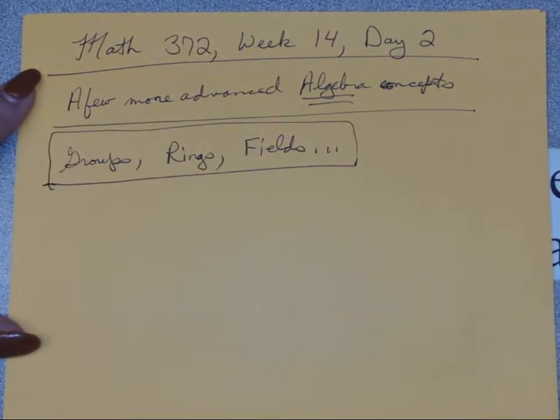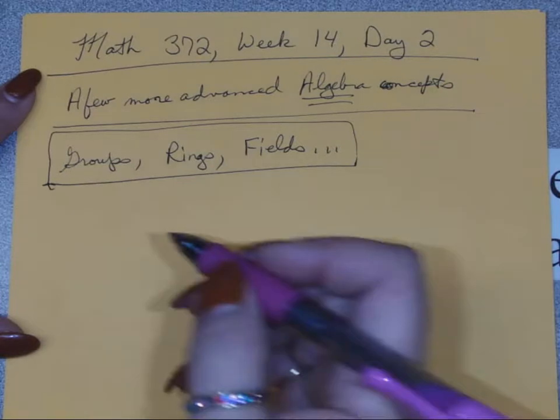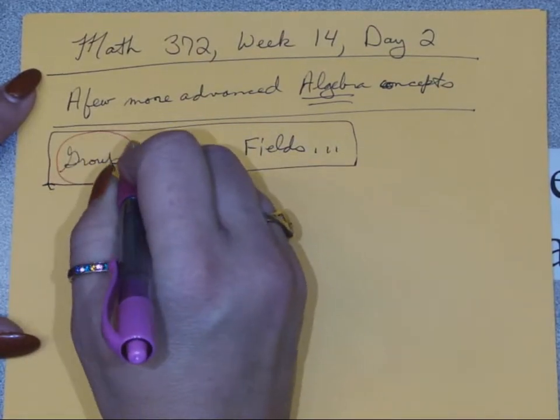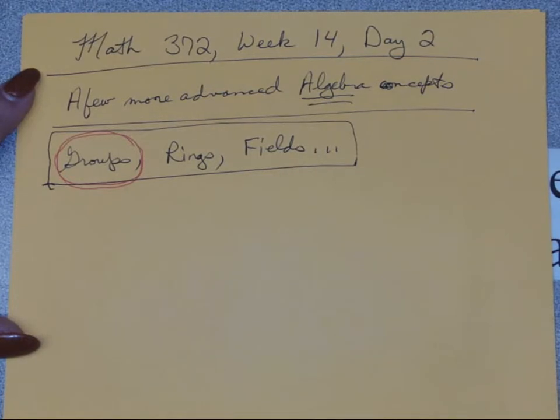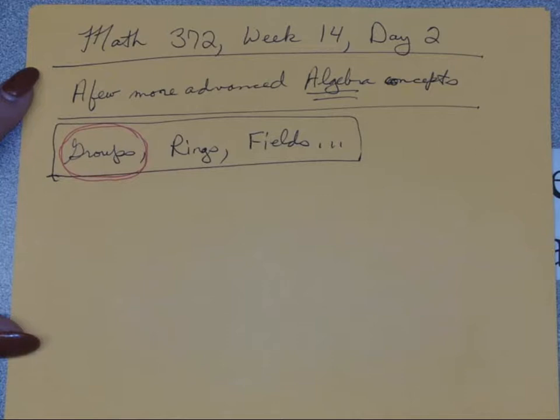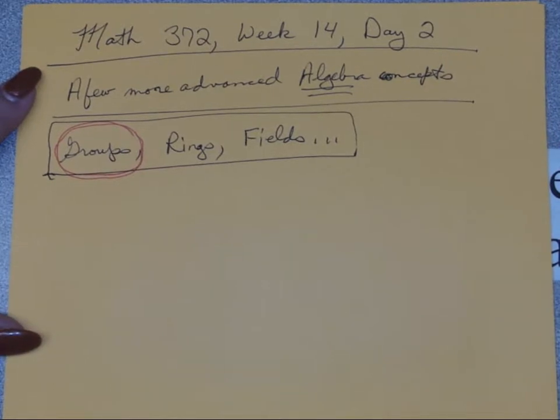They just require a lot of knowledge of the definitions and properties that we talked about in day 1. For our purposes, we're just going to focus in on groups. If you get into a linear algebra class or an abstract algebra class, just know that it's not as bad as it seems.